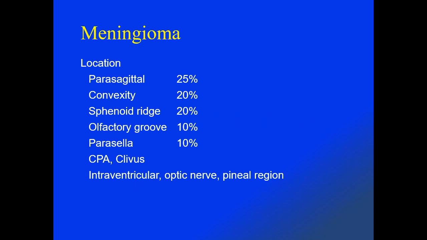Meningiomas are located most commonly in a parasagittal location or along the supratentorial hemispheric convexities and sphenoid ridge. They can also be observed along the floor of the anterior cranial fossa, along the olfactory groove, and in parasellar locations. Less common locations include the CP angle cistern, clivus, intraventricular, and involving the optic nerve sheath or in the region of the pineal gland.